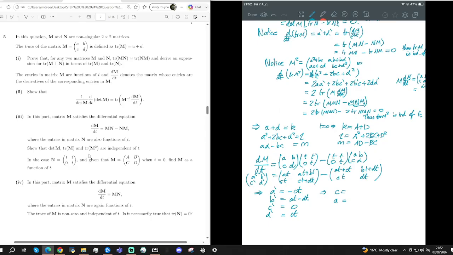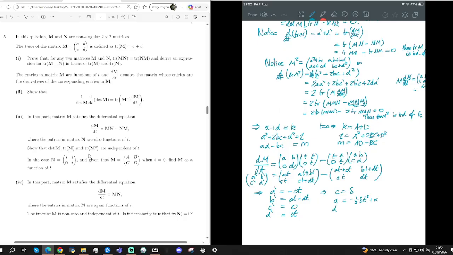So alpha, beta, gamma, delta. I'm going to say c is going to be delta. So then a dash is negative delta t. Increase the power divided by the new power when we undo that derivative. So it's going to be negative a half delta t squared plus an unknown constant.